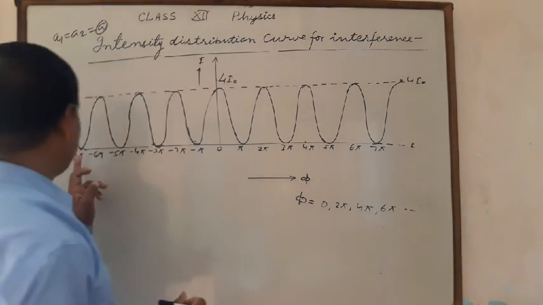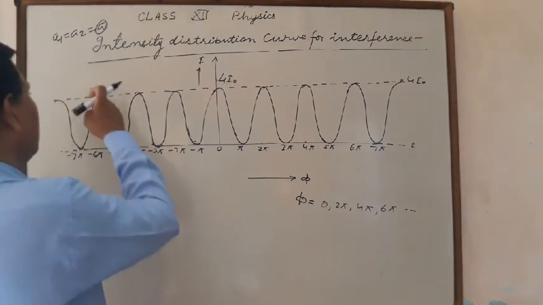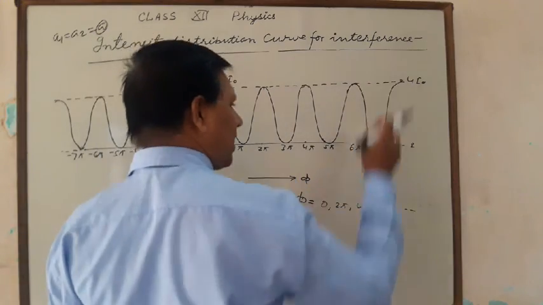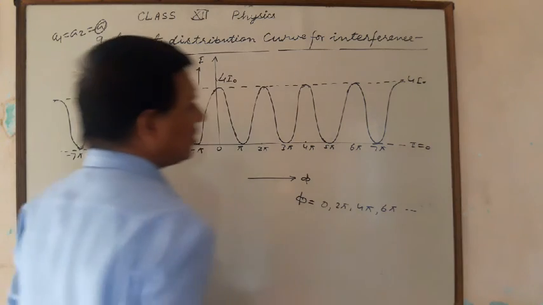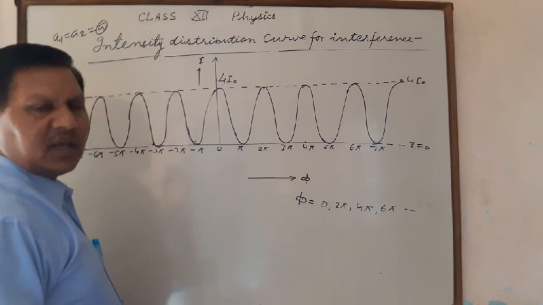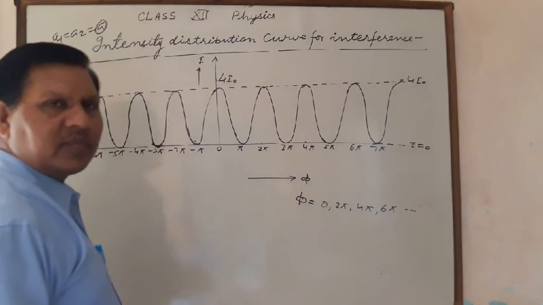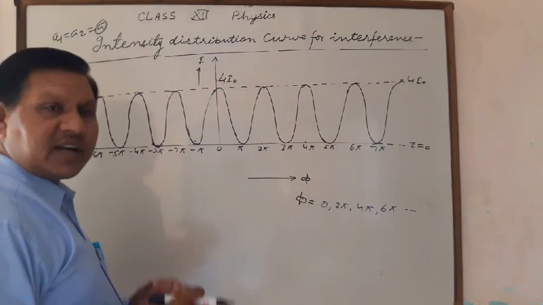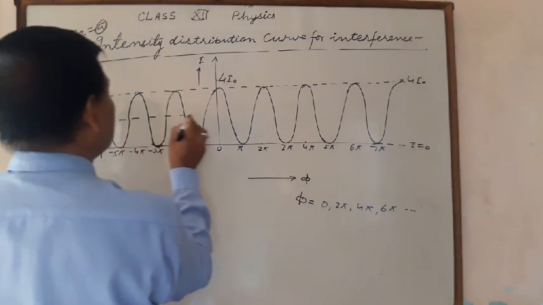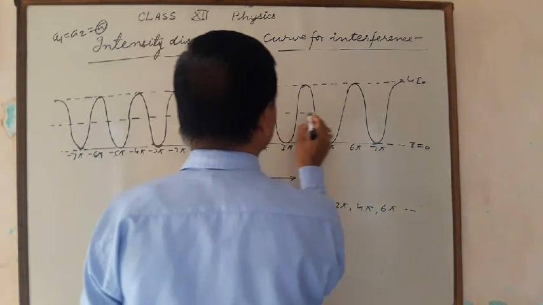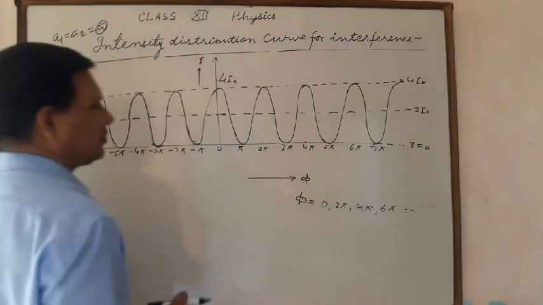So these are points of minimum intensity and these are points of maximum intensity. If there is no interference in light, then the intensity of light at every point is the same, equal to 2 I naught.